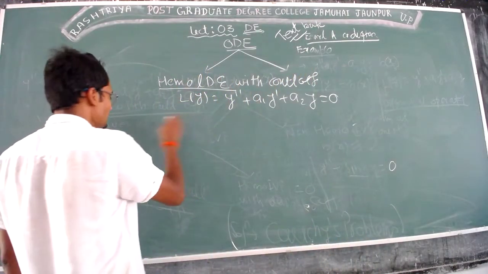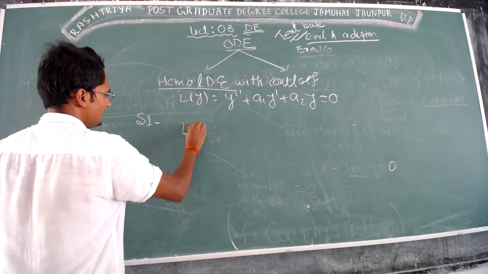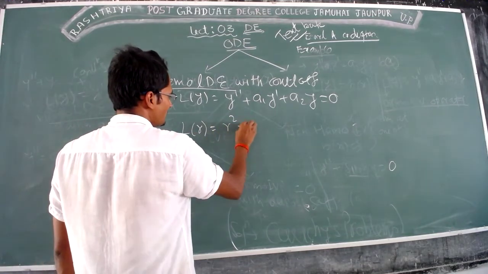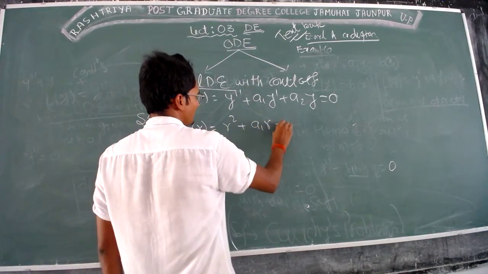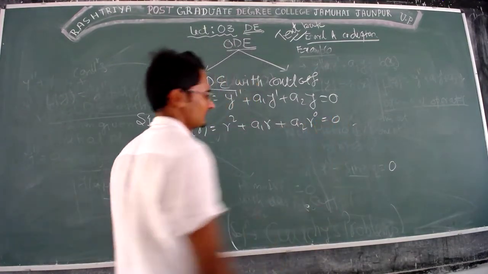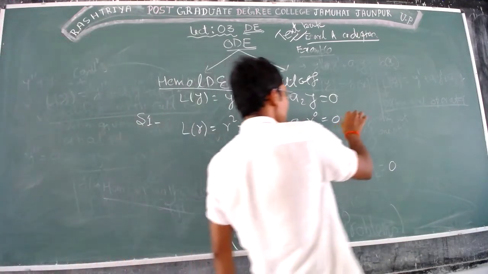The first step: Lr = 0, you have to put r^2 + a1r + a2r^0 = 0. This is known as the auxiliary equation.